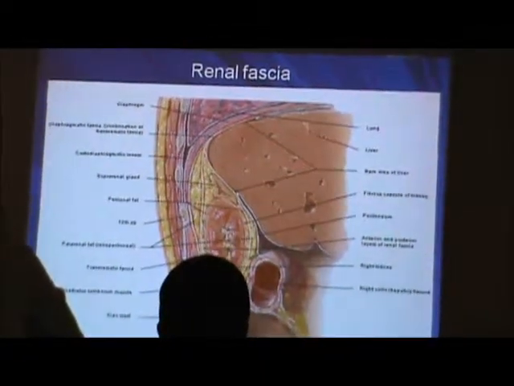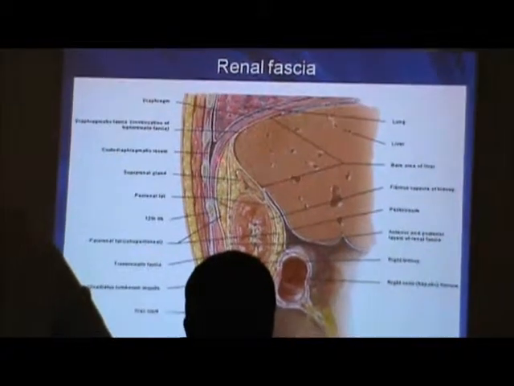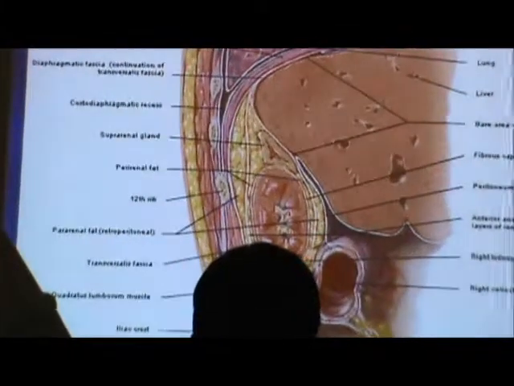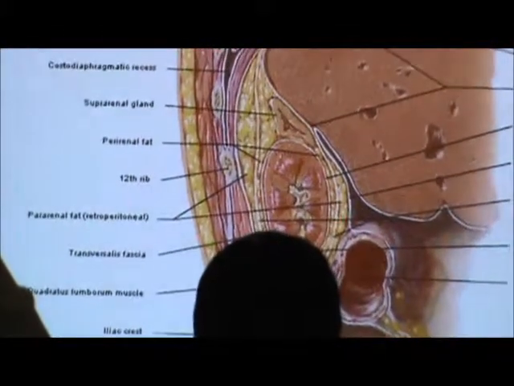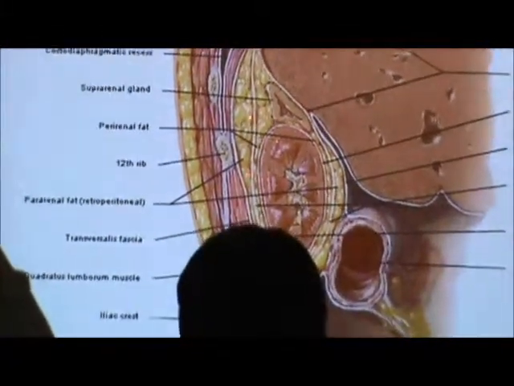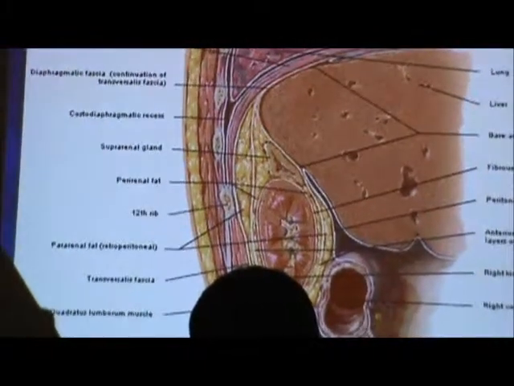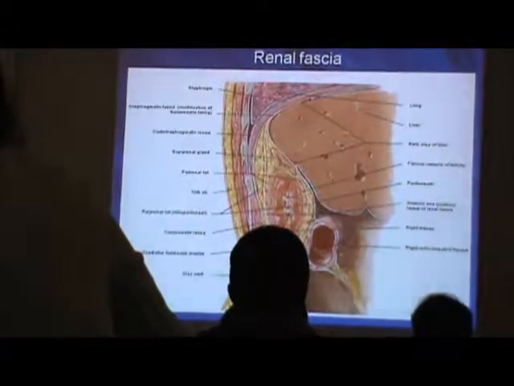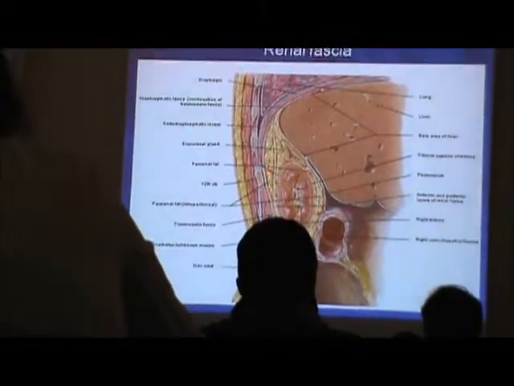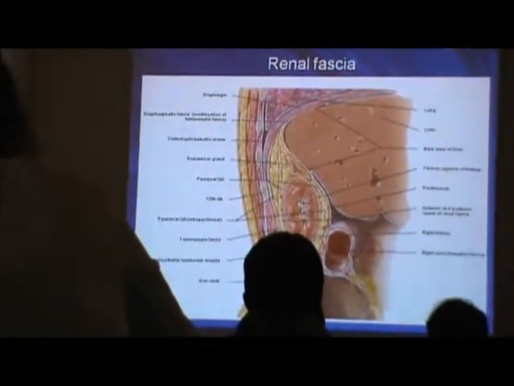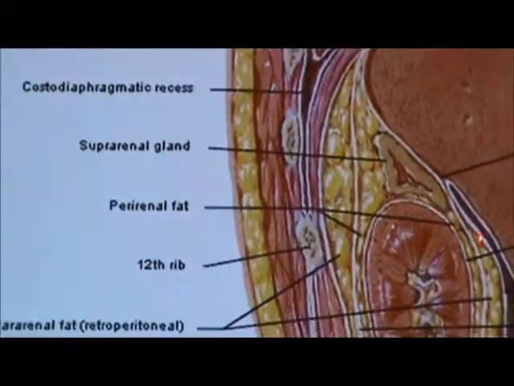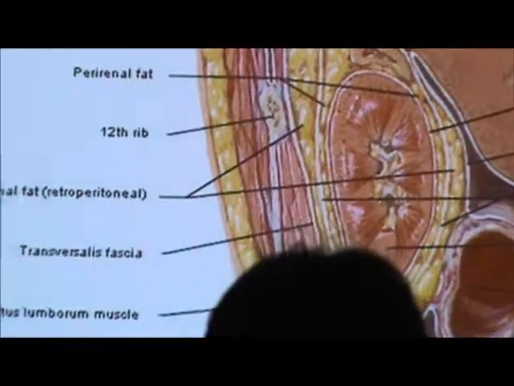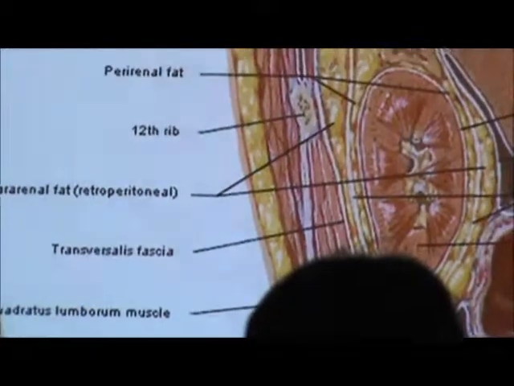And now let's look better at it. So here is the renal fascia, the anterior layer of renal fascia and the posterior layer of renal fascia. Outside of it is located the pararenal fat, retroperitoneal fat. It's also here, because we are talking about outside of the renal fascia.